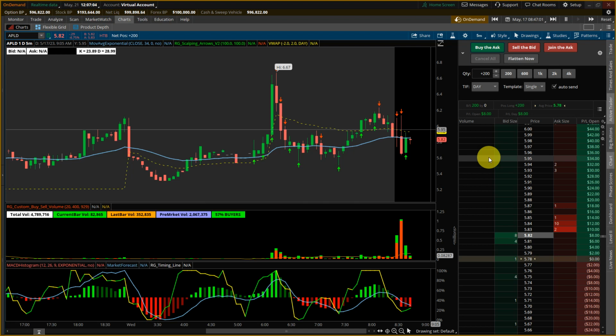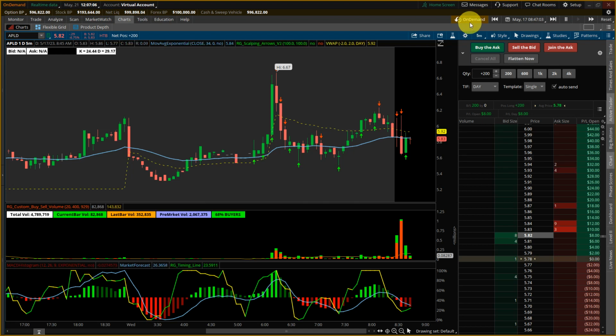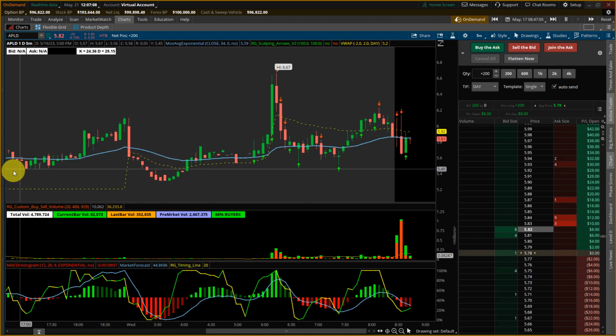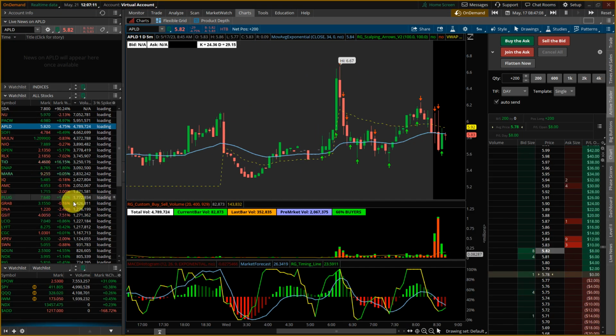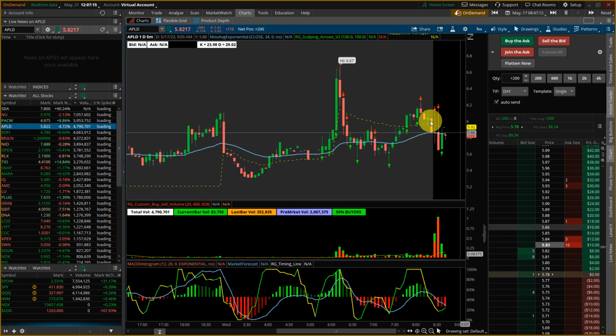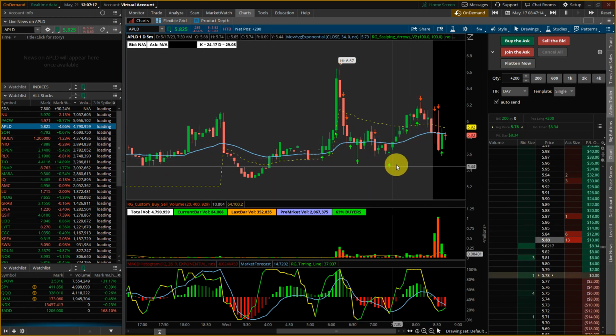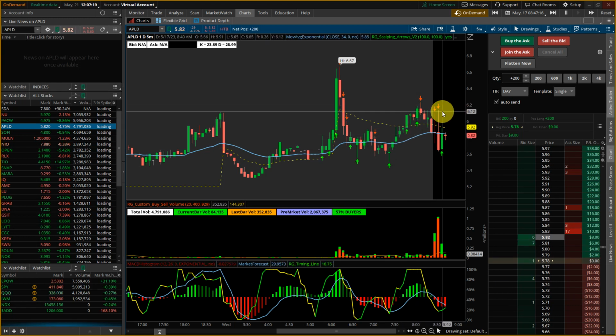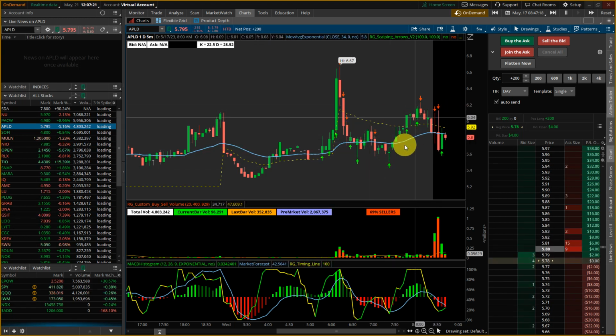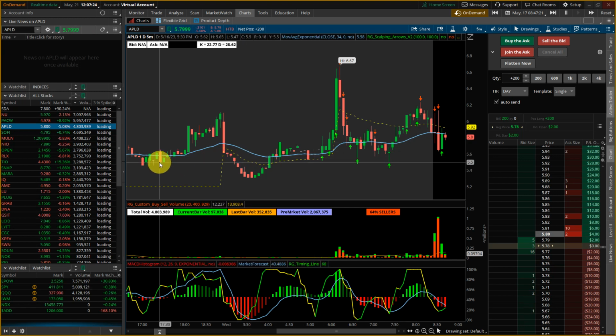But I do want you to go into On Demand and find some stocks and monitor. Just click through the stocks, let them run for a while. Notice how these arrows work, and you'll find that they are pretty accurate.